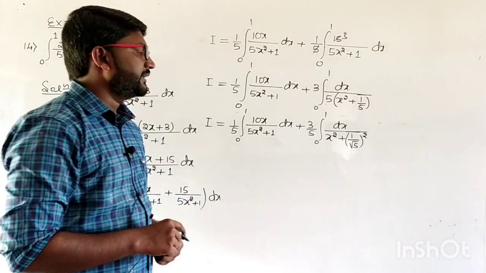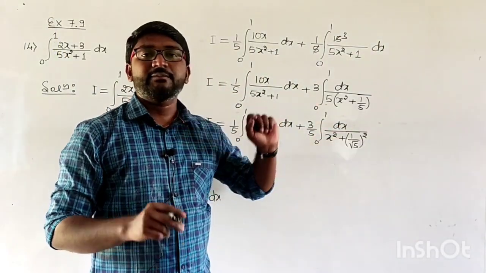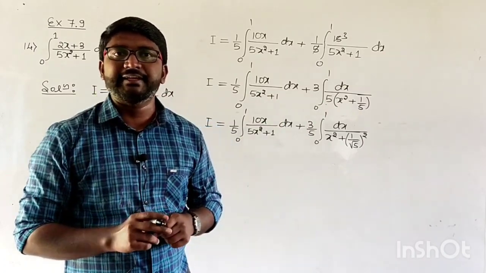So now see here, this is in the form of dx by x square plus a square, that means 1 by a tan inverse x by a.